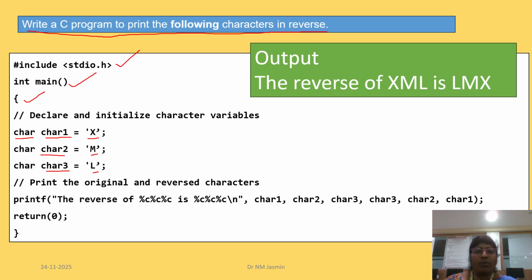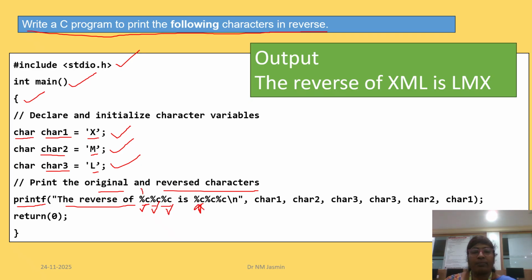Now I want to print the original and also the reversed characters. So take printf, which is an output function. Each character is represented with the format specifier %c. As I initialized 3 characters, here we have the specifier for X, for M, and for L. Once reversed, we also get characters.